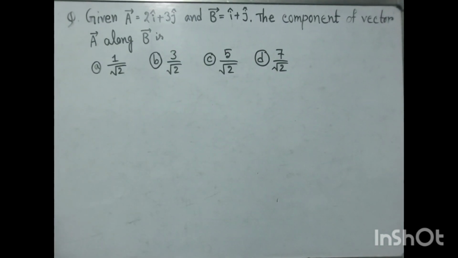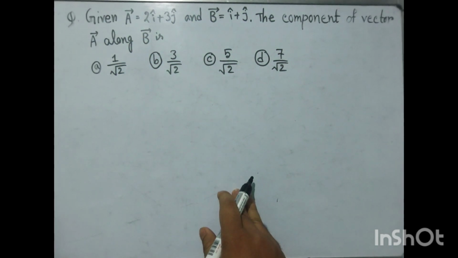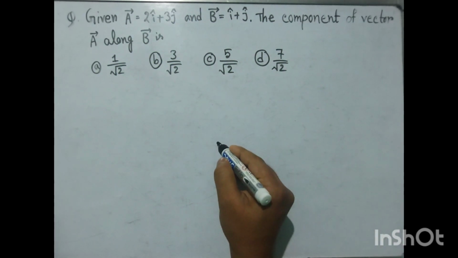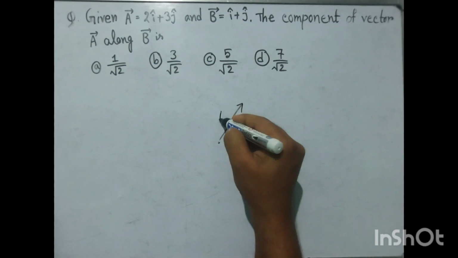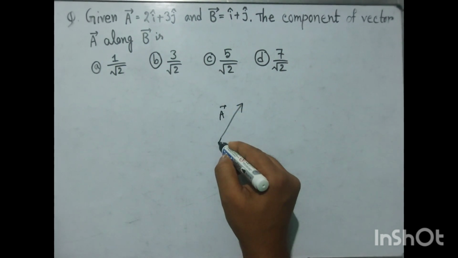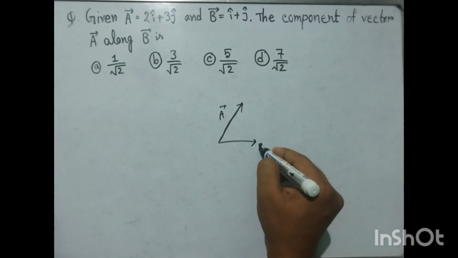Okay, in this question A vector and B vector are given. We have to find the component of A vector along B vector. So suppose this is our A vector and this is our B vector.